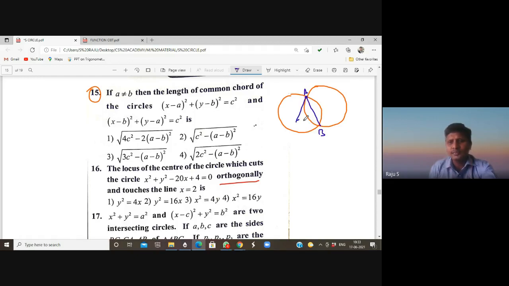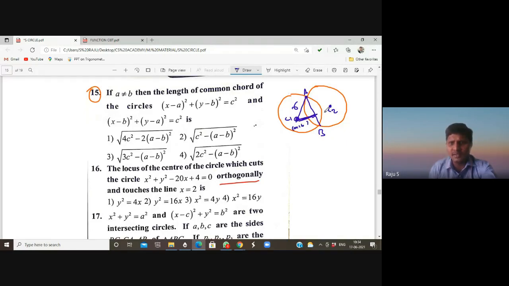See here, very simple. 2 circles are given. First, find the centers, C1 and C2. When I consider this is the radius, we are getting some point as center.